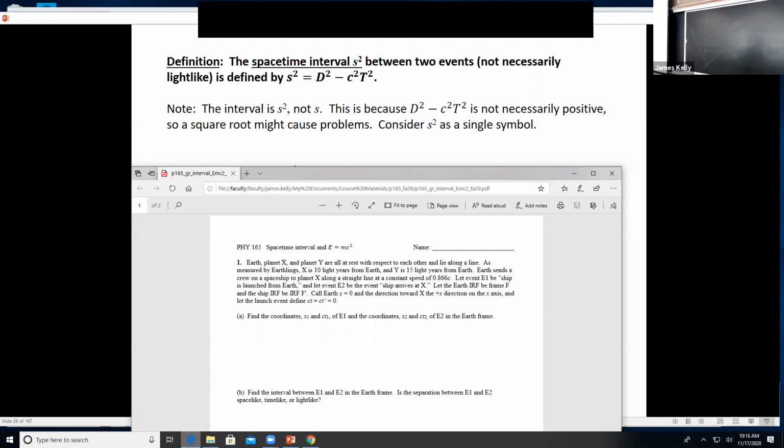Anybody having trouble here in the classroom knowing which way to go? If you're quick, I got that the interval was minus 33 square light years squared.